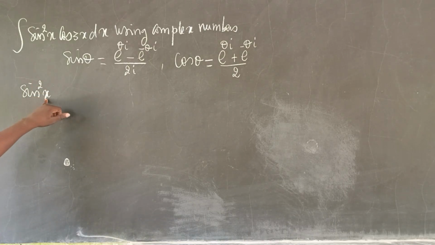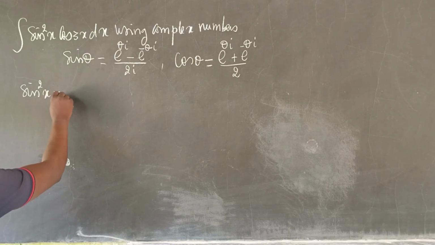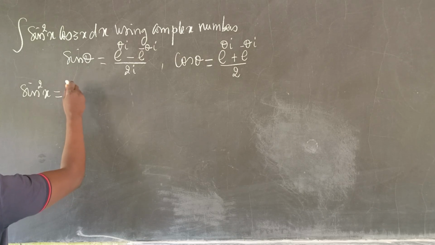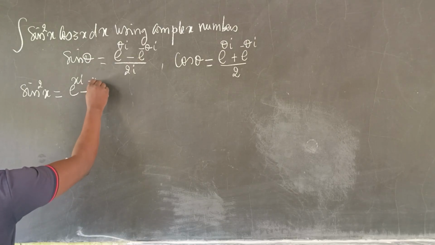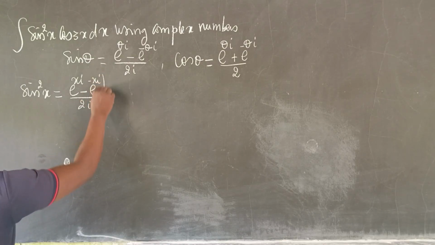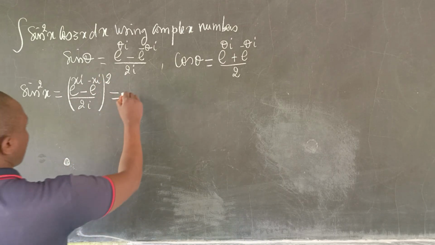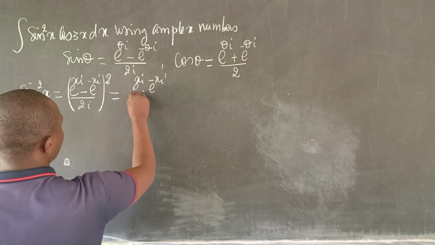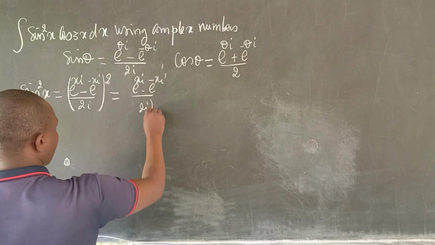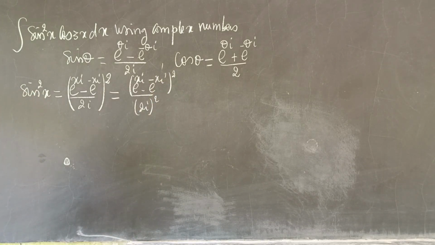As you see, x will be replacing theta here, and this is equal to exponential of xi minus exponential of negative xi over 2i, squared. Let's square both numerator and denominator.